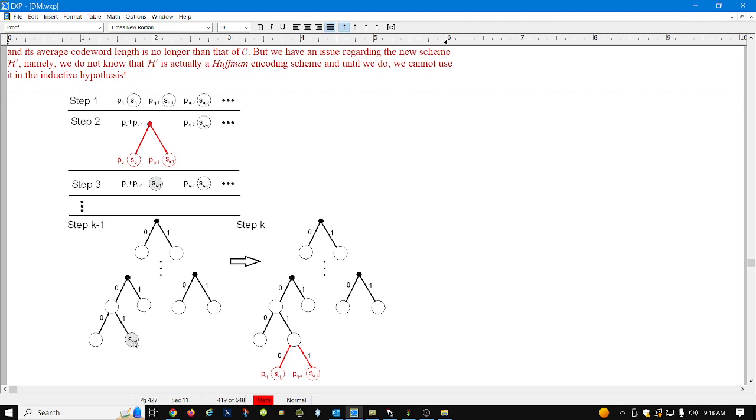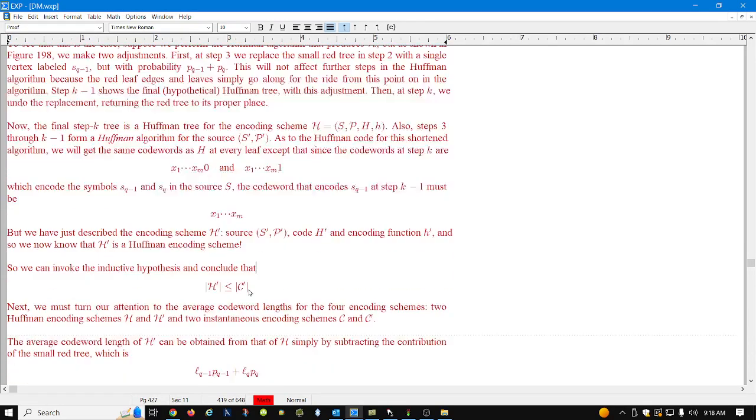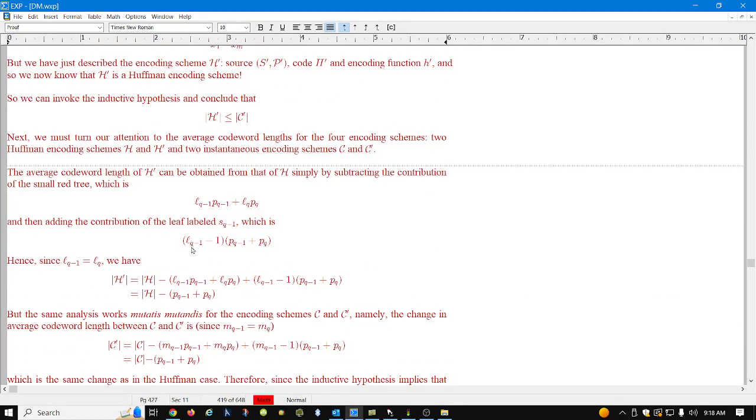Okay. So what is this weight? The length of that code word is 1 less than the length of the original S_{q-1} before we tampered with the source alphabet. And that vertex has probability equal to the sum. So this is what we add. We subtract this and we add this.